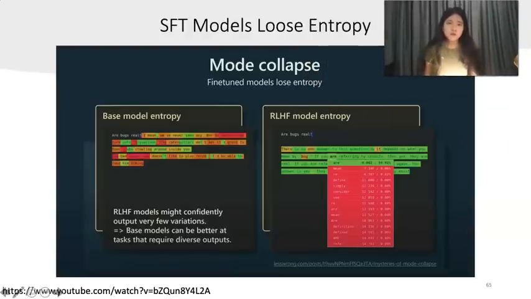SFT or RLHF models actually lose entropy because they are mimicking human preferences. They may be a little rigid in generating an answer according to your preference. So maybe when you ask the model multiple times, like in ChatGPT, at first you think the answer is good but not very good, you ask again, then it gives you something else that makes you feel the model senses that you don't like the previous answer.